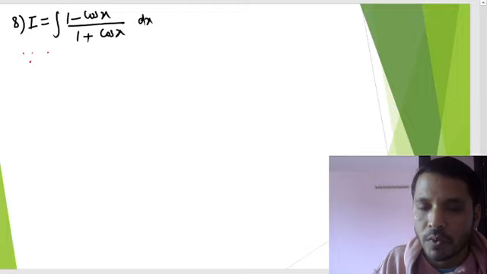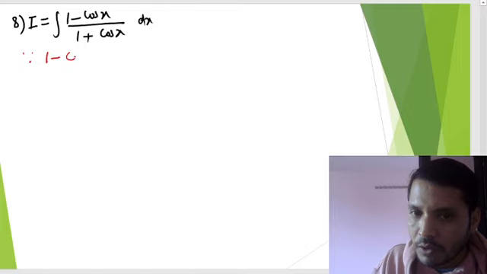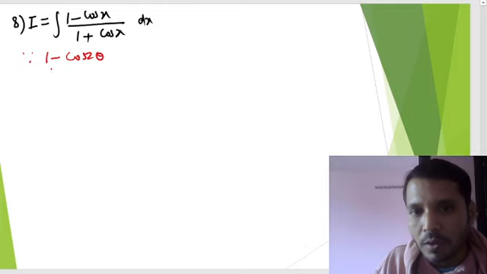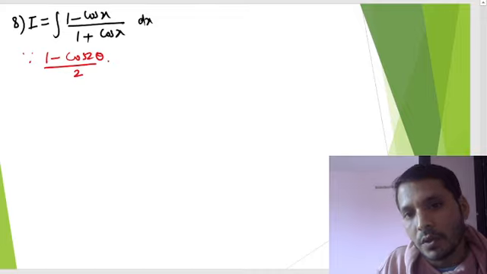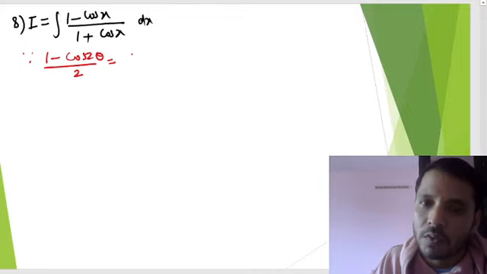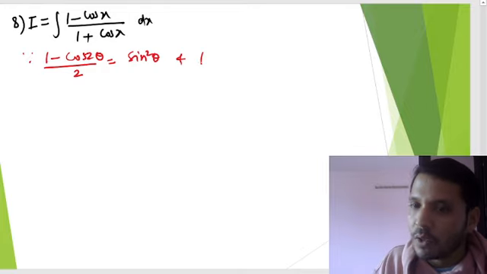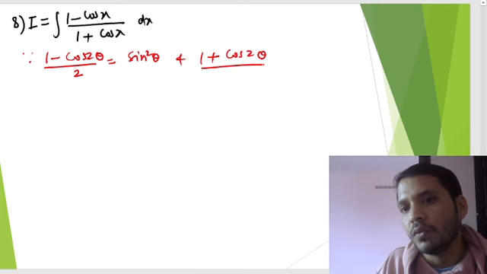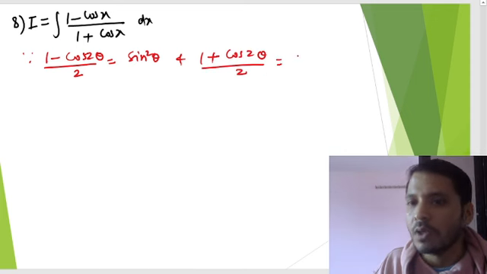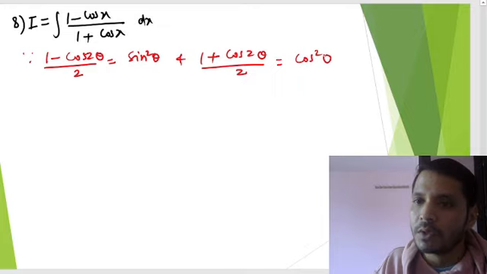(1 minus cos 2 theta) by 2 is equal to sin square theta, right? And (1 plus cos 2 theta) by 2 is equal to cos square theta. These relations we know.